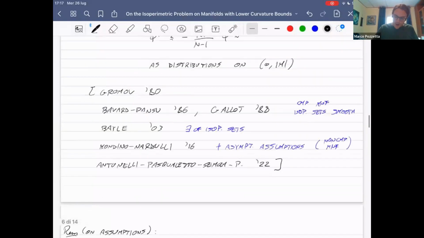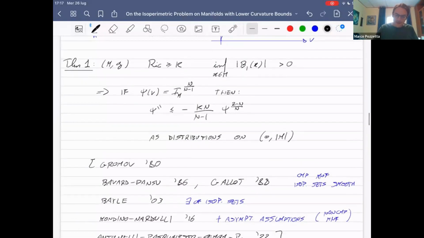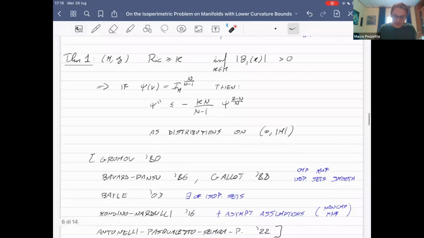Well, of course, whenever you have a compact manifold, then automatically you have a lower bound on the Ricci curvature and a lower bound on the infimum of the volume of the ball, just by continuity, right? So this is why I told you since the last lecture that the difficult part, in a sense, appears when you look at a non-compact manifold.